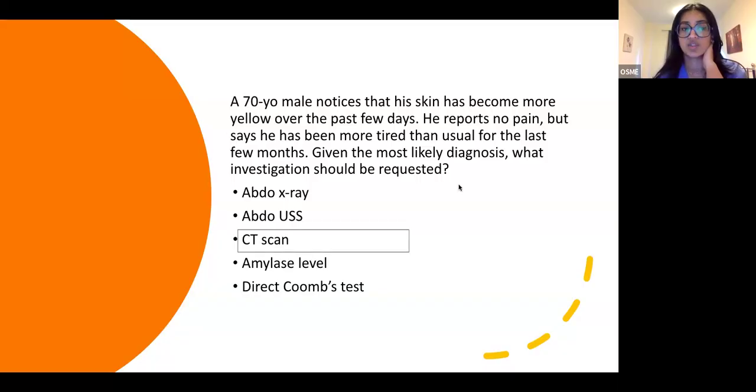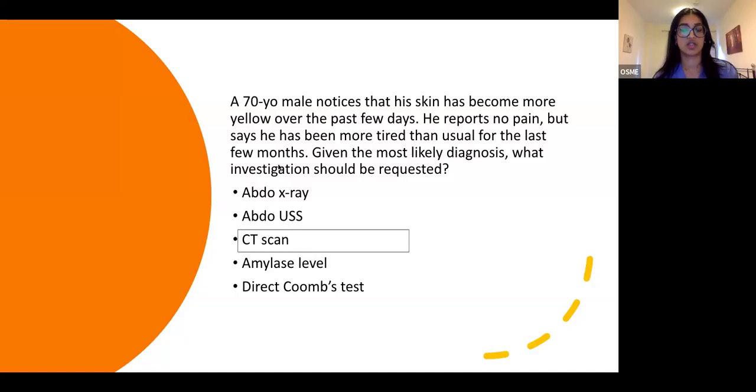So you would want to do a CT scan. Based on this presentation, this indicates to me that they have an obstruction to the flow of bile. So that's why they have the jaundice. They have no pain, but they have also been becoming more tired over the last few months.